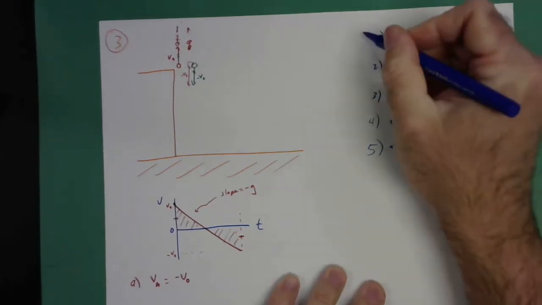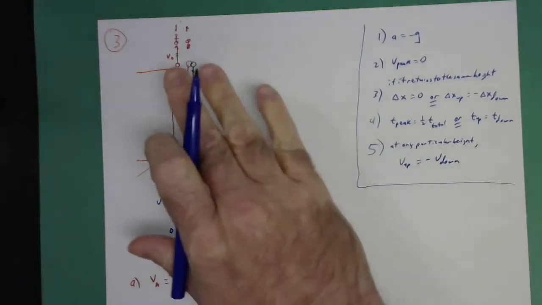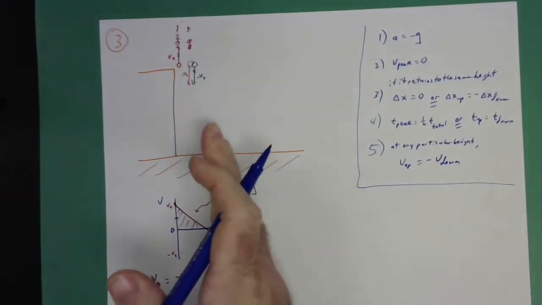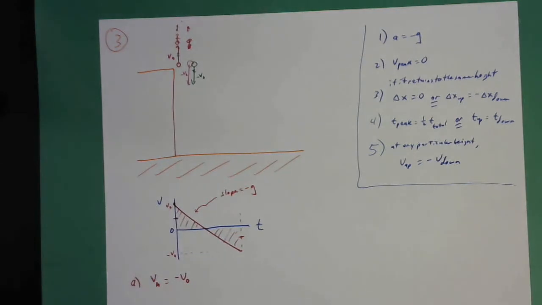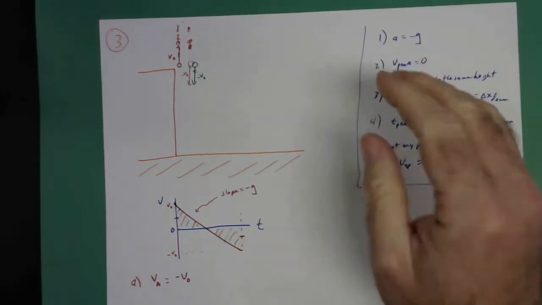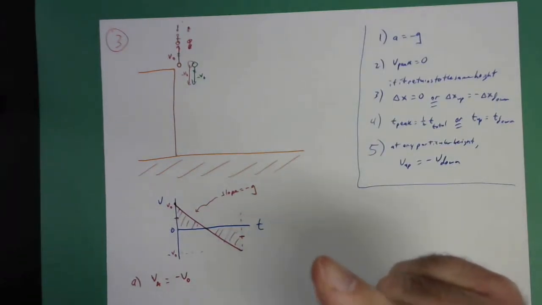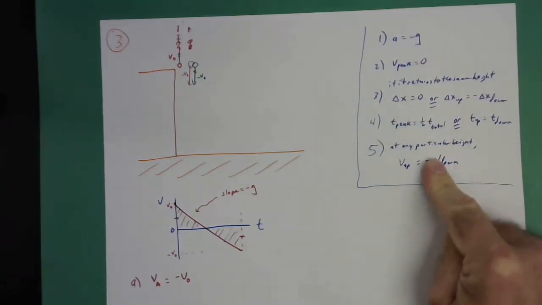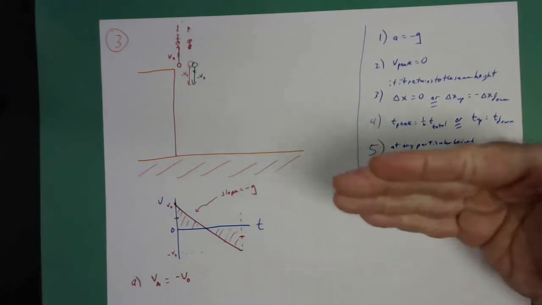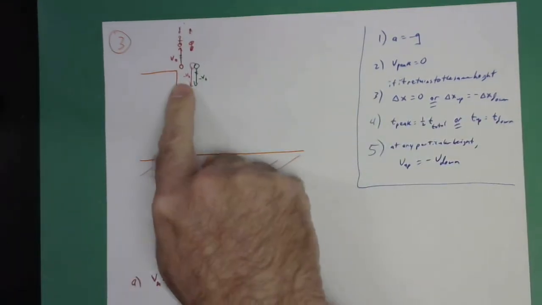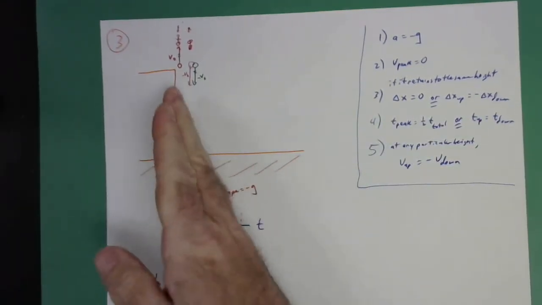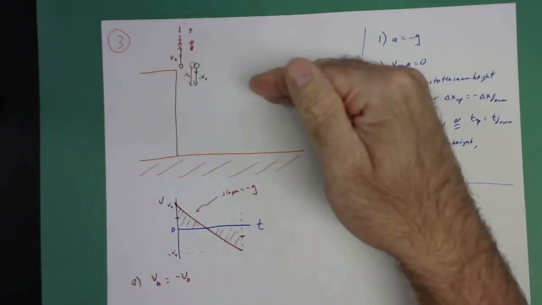These were five special things that we knew about this type of problem, where something is launched straight up in the air, goes straight up, and comes back down, that we figured out from last year. And what's special about this list? We're going to be able to use these same ideas in solving projectile problems. Because remember, the key thing about projectile problems is that they're really just two motions happening at once.